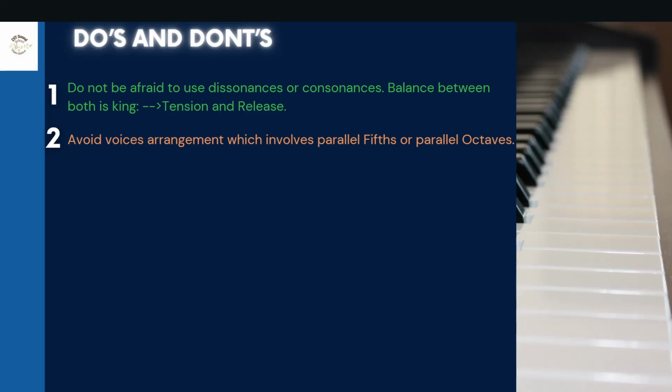When we have, in the vertical sense, some sort of arrangement which includes parallel fifths, which means one note is moving a fifth or a parallel octave down or up, that actually tells us nothing about the harmony, and it creates some sort of a void in the overall harmony.